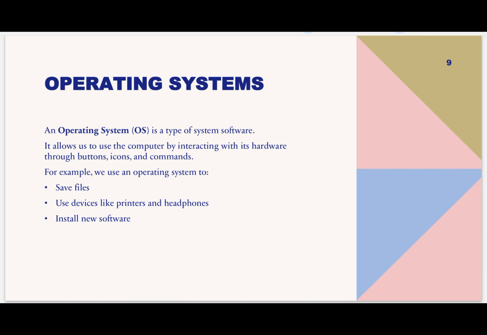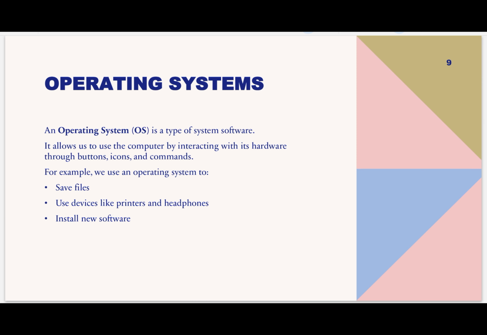An operating system is a type of system software. It allows us to use the computer by interacting with its hardware through buttons, icons and commands. Like for example, we use an operating system to save files, use devices like printer and headphones, install new software. Always remember install new software and save files.